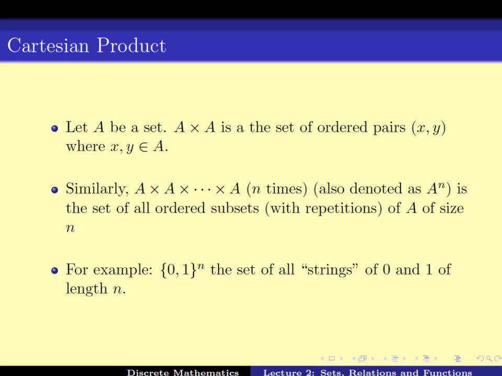Similarly, {0, 1} power 3, or {0, 1} cube, is the set comprising the strings 0 0 0, 0 0 1, 0 1 0, 0 1 1, 1 0 0, 1 0 1, 1 1 0 and 1 1 1. So it's all the strings of length 3 comprising 0 and 1.